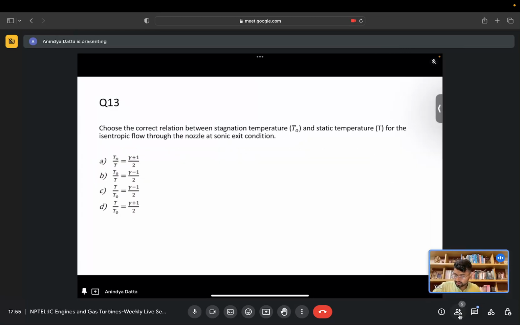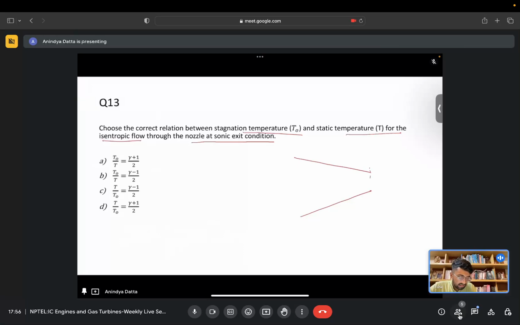Okay, now question 13, a small numerical that I have to solve. Choose the correct relation between stagnation pressure and static temperature for isentropic flow through the nozzle at sonic exit condition. So let's say I have a nozzle.